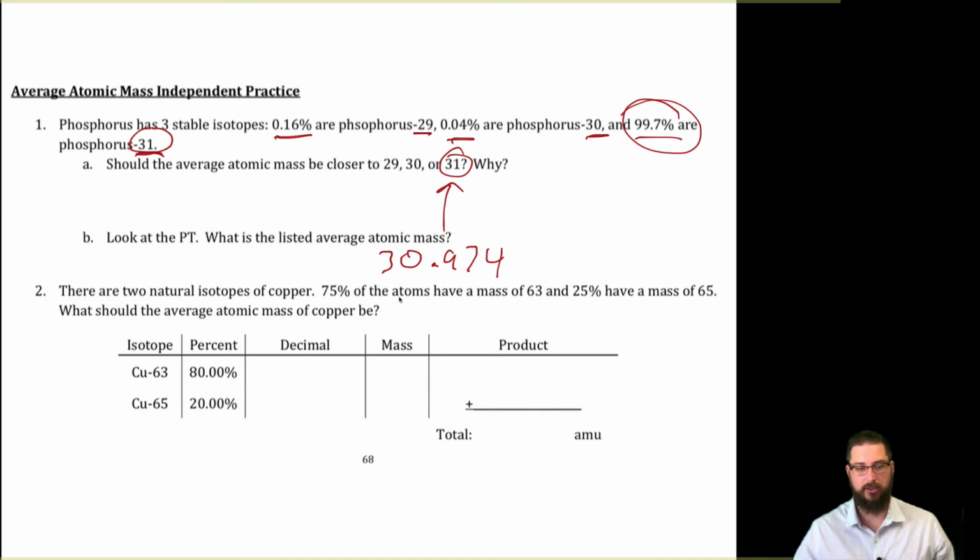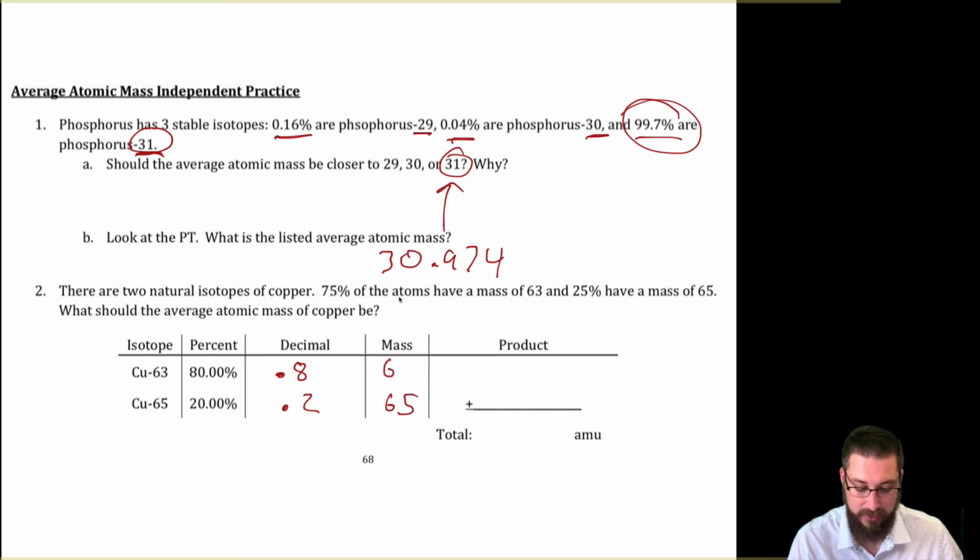So let's go ahead and do this practice problem here. We have copper 63 is 80%. That's going to be 0.8 when you convert it to decimal. Copper 65 is going to be 0.2. The mass is 65. The mass is 63. All you do is you take the percentage, convert it to the decimal, and multiply them.